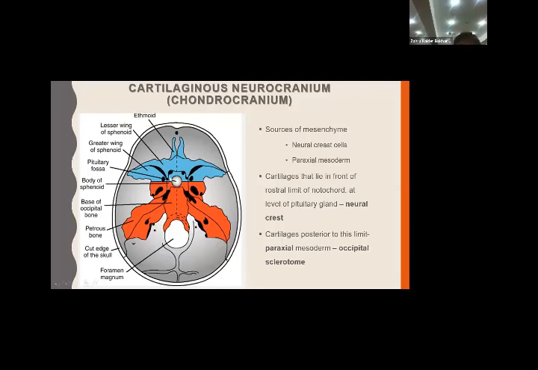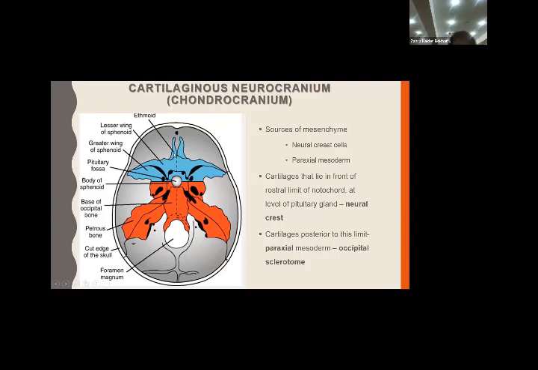अब ये जो है ना बेटा, this is the cranial or the rostral limit of notochord. ठीक है, ये तकरीबन this is at the level of the pituitary gland. और आपको पता है कि pituitary gland is lying in the pituitary fossa. So approximately this is the place where you have the pituitary fossa. So the area in front of the, or the area anterior to the pituitary fossa, this develops, ये सारा blue में जो है, this develops from neural crest.